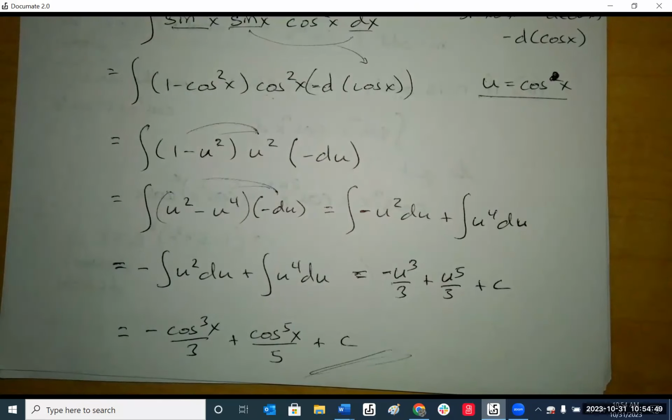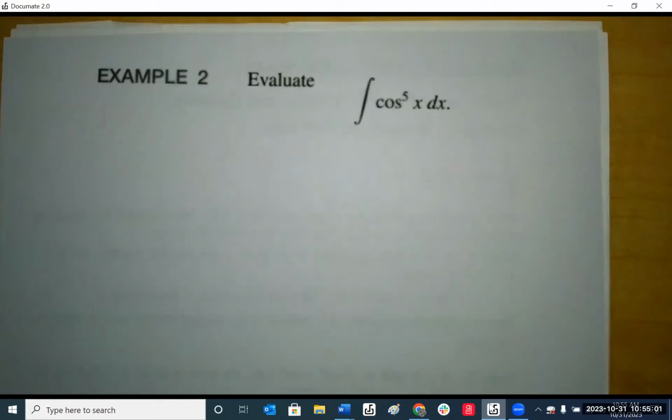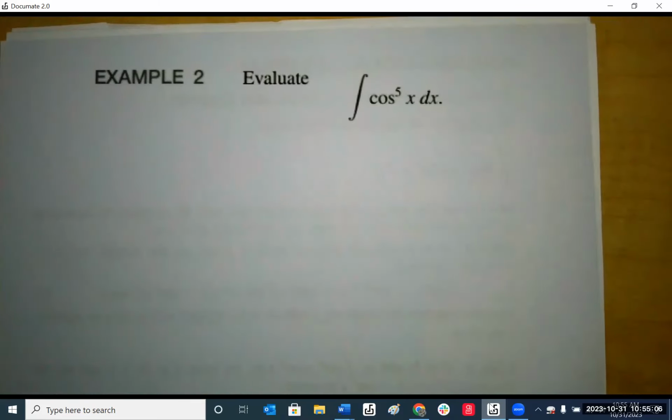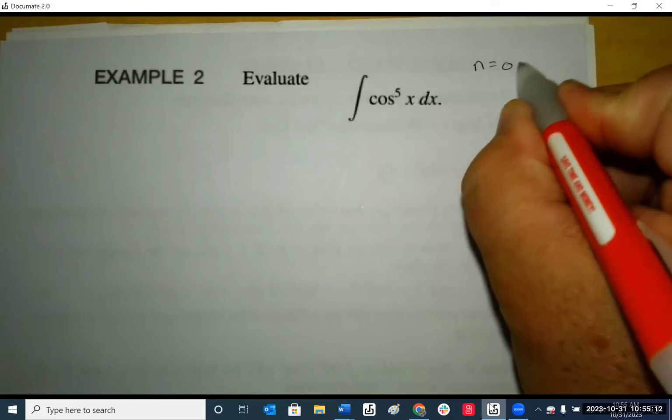And here's example 2. I'll start doing these now, I have more room. Evaluate the integral of cosine to the 5th. Cosine deals with the n, so here n is odd.